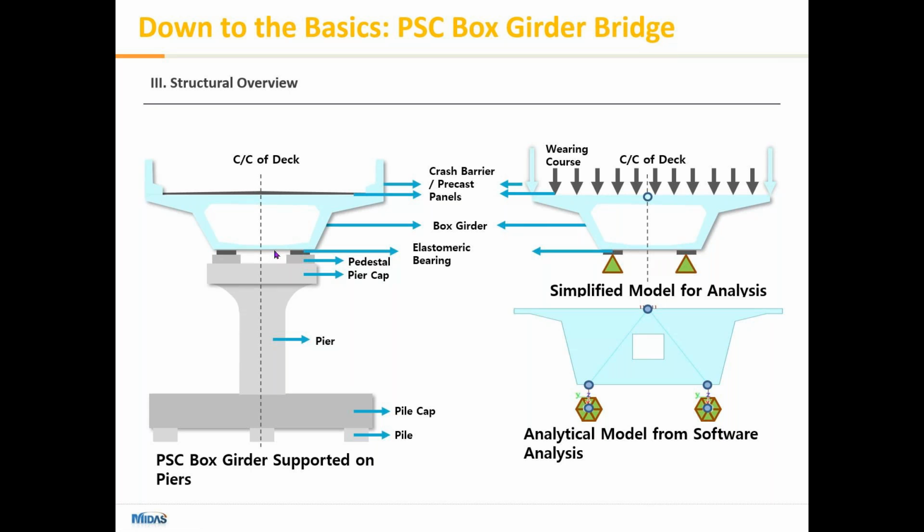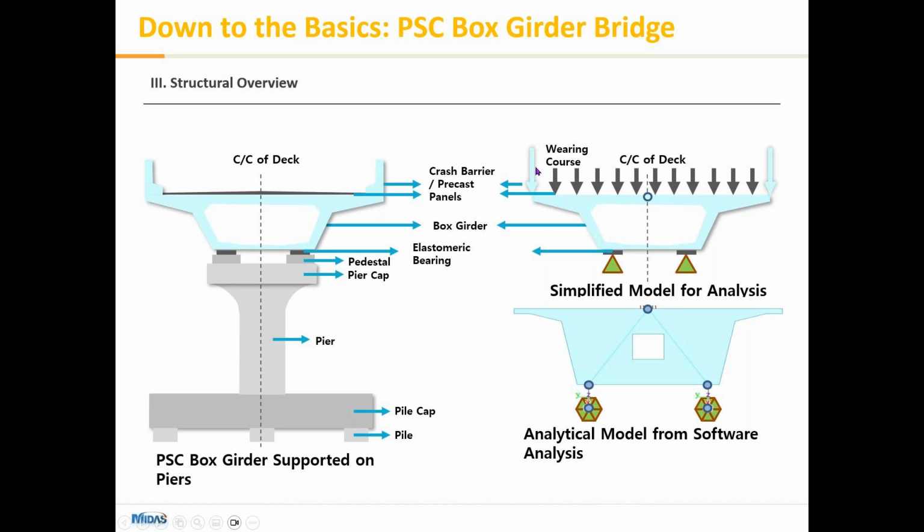So this is basically the structural model. But when we have to do an analysis, we cannot model the whole structure as a solid element, right? So to make the analysis simpler, we have to make certain assumptions in our analysis. As you could see, the simplified version of this particular model is shown here. Herein you could see the bearing surface load is applied as a UDL over the entire structure.